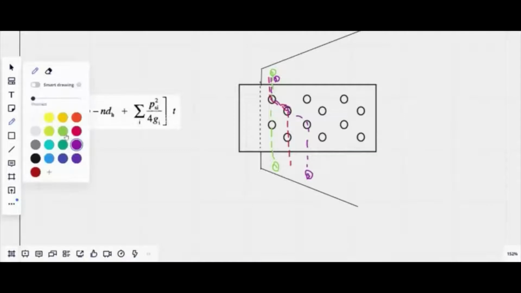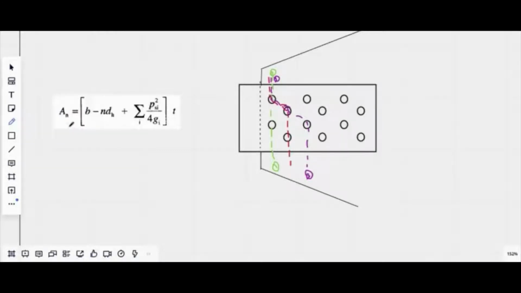When we are about to calculate the net area for section 1, let us assume section 1 is passing through bolt 1, then bolt 2, from bolt 2 to bolt 3, and to bolt 4.